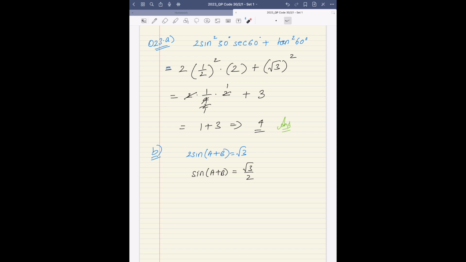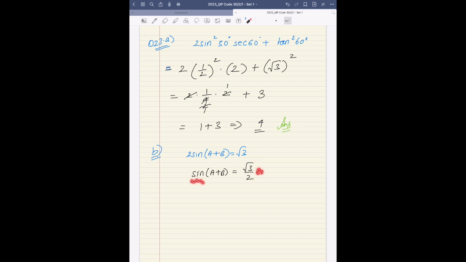How will you get rid of it? There's only one way. You can only get rid of your sines or cos when you have sine theta is equal to sine alpha, which implies theta is equal to alpha. It's a generic formula. So remember, if they are asking you to find the value of the angle, you need to represent the other side value in terms of the same T ratio's angle.